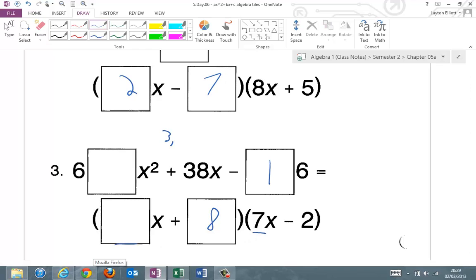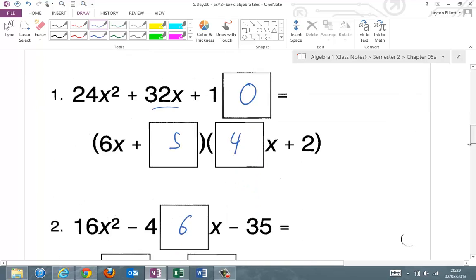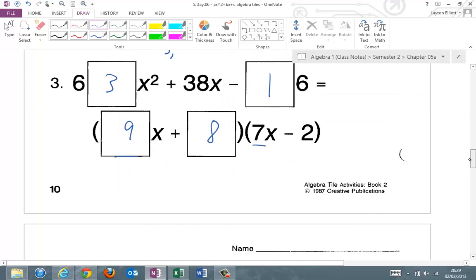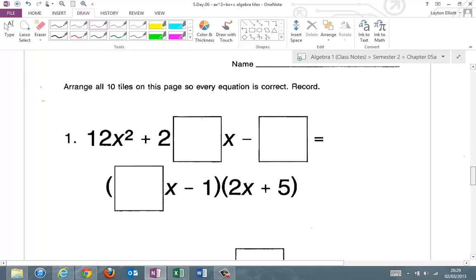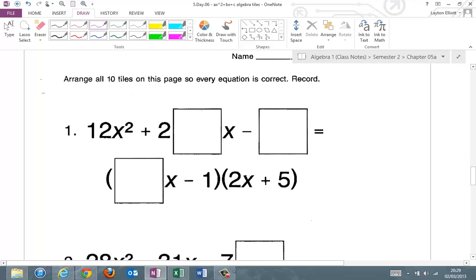That has to be 7 times 9, which would give me 63, and let me just make sure I didn't use the 9 somewhere else. Nope, I didn't. I just accidentally erased it. Okay. Yeah, 7 times 9 is 63, and then let's just check. First outer, negative 18. Inner is positive 56. 56 minus 18 is 38, so that works. Okay. I'm going to try not to erase too many digits here this time.